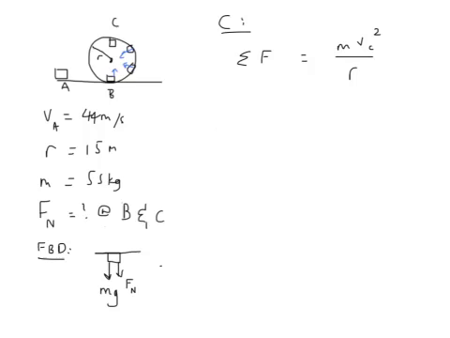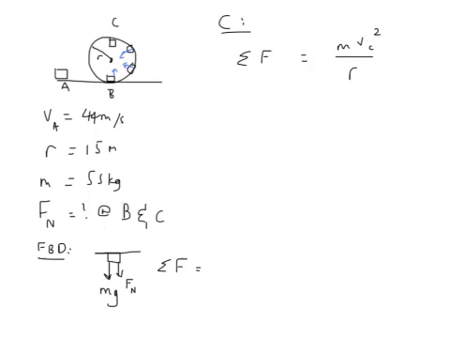So F net, or sigma F, if we prefer that, we have to plug in a positive value for the sum of the forces. So even though we normally would say that this is negative mg minus Fn, we're just going to make everything positive.